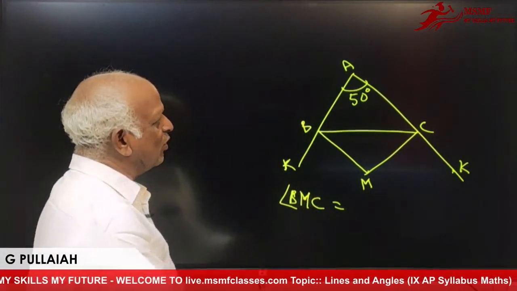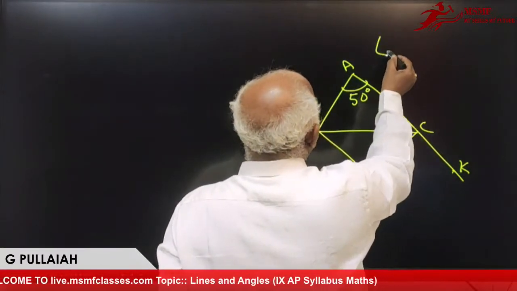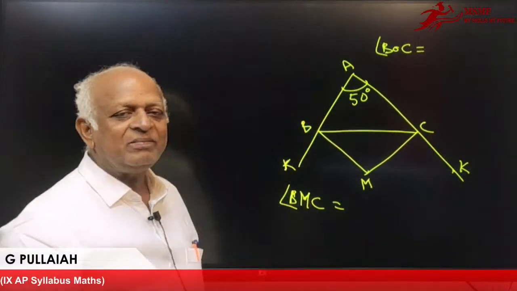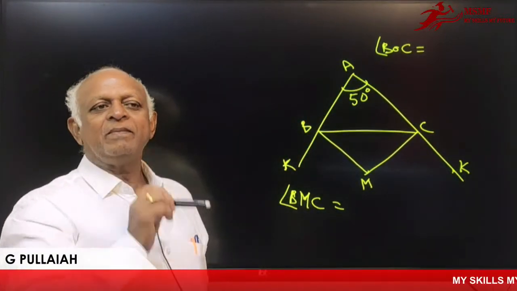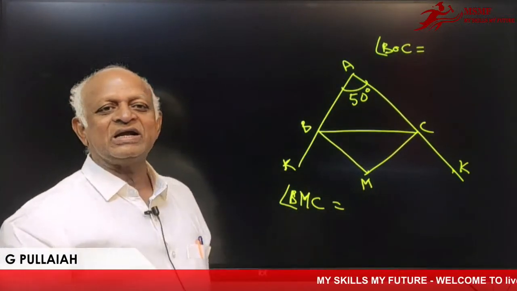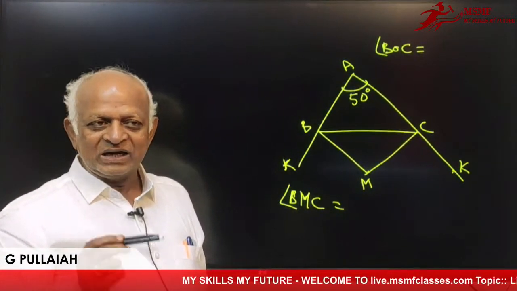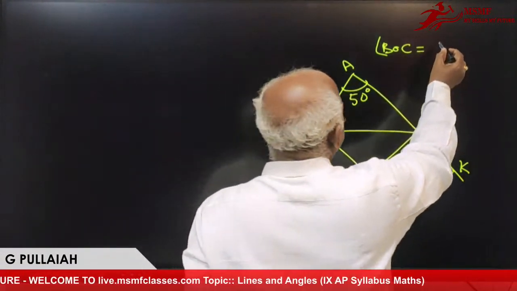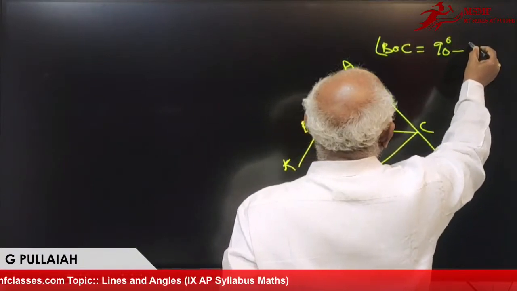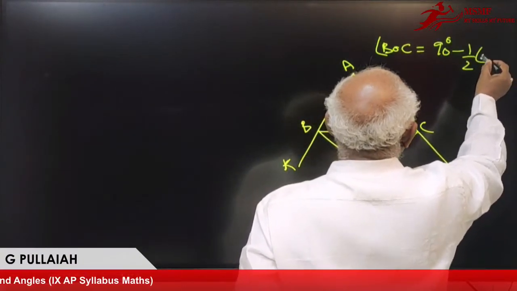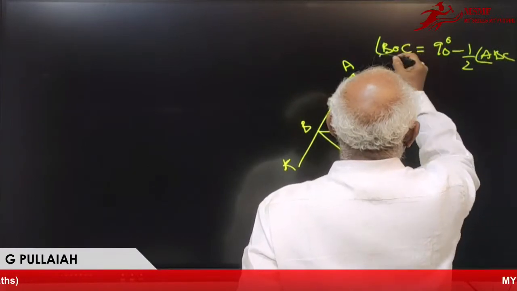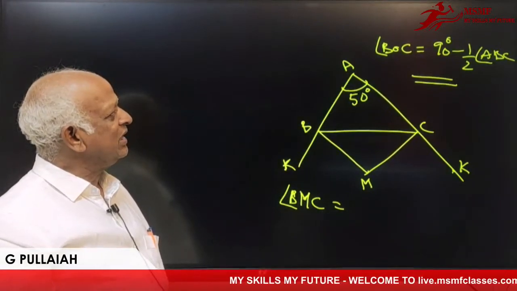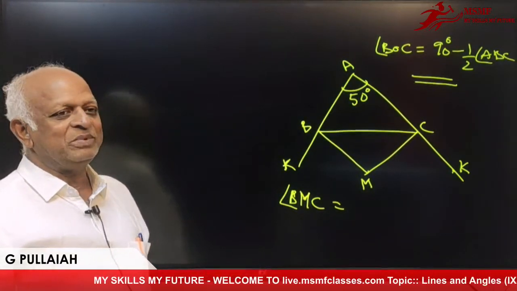So, if this is O, yesterday we learned that angle BOC, an angle formed by joining the bisectors of two exterior angles of a triangle, is equal to 90 minus half angle ABC. Let's try to learn this proof.